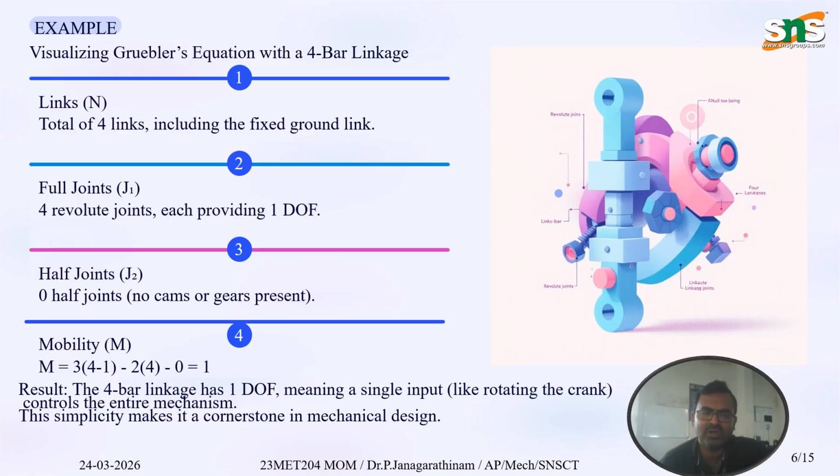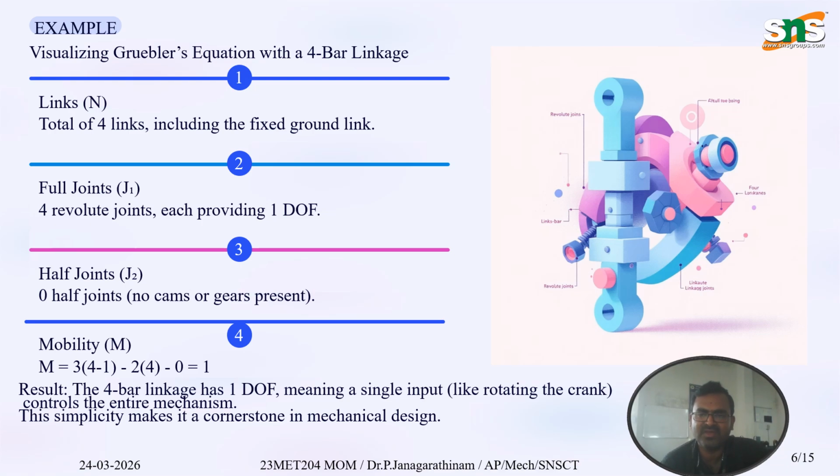So the mobility calculation is m equals 3 into (4 minus 1) minus 2 into 4 full joints, which is equal to 1. So the four-bar linkage has 1 degree of freedom. The Grübler criterion is used to calculate the number of degrees of freedom present in different planar mechanisms.